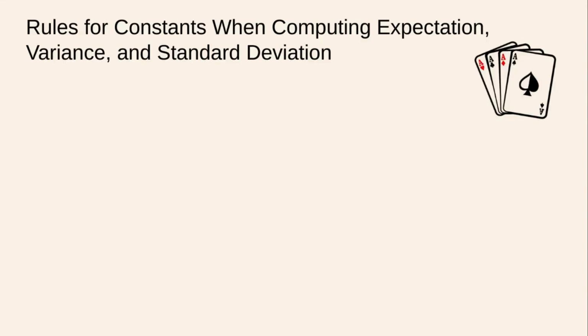Now on to a different set of rules. For the same random variable x, the expectation of x, except we multiply all the outputs by a, is equal to a times the expectation of the random variable. Again, not too hard to imagine. However, it does start getting a little weird when talking about the variance.